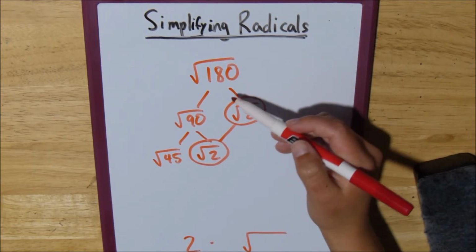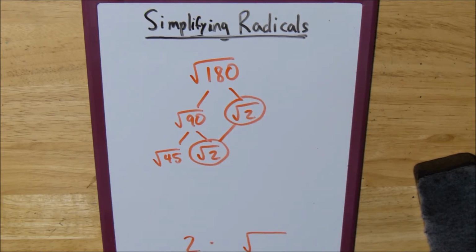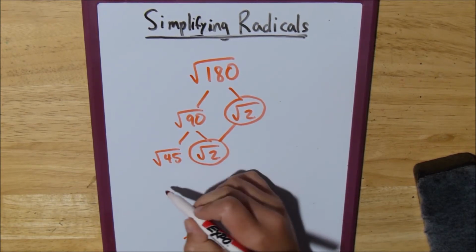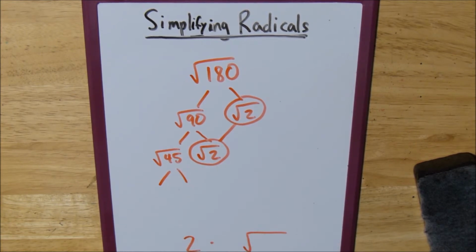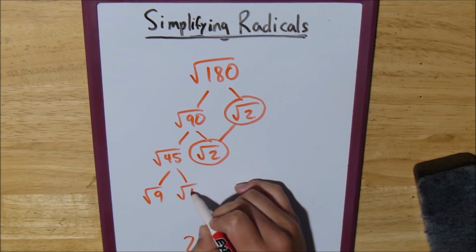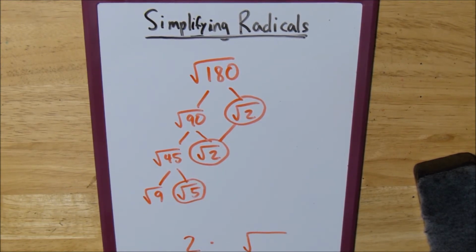So you just keep moving on and on with this tree until you reach radicals that are no longer able to be simplified. Okay? So, like we said before, square root of 45 can be divided into square root of 9 and square root of 5. And that's where square root of 5 stops.